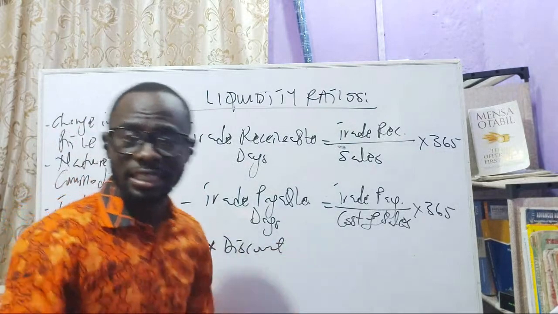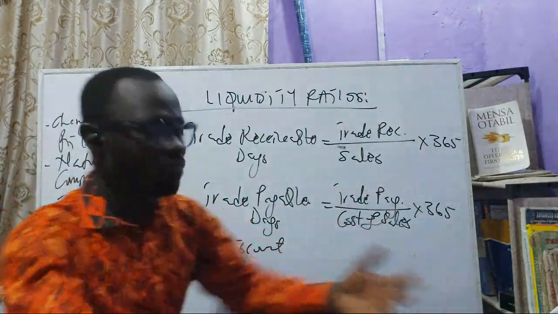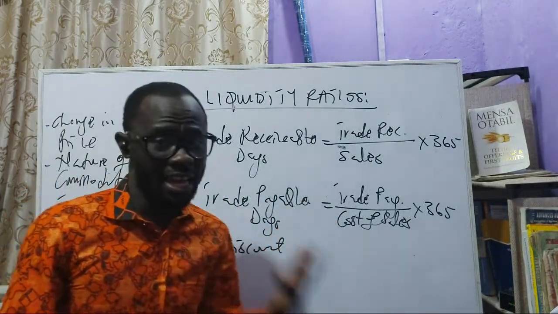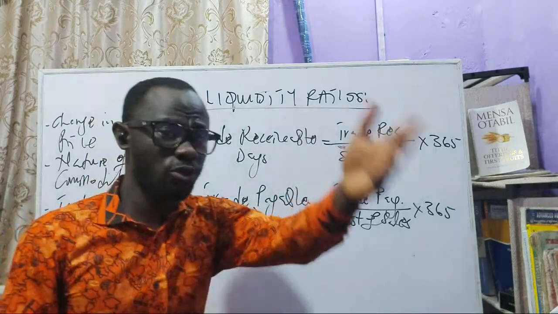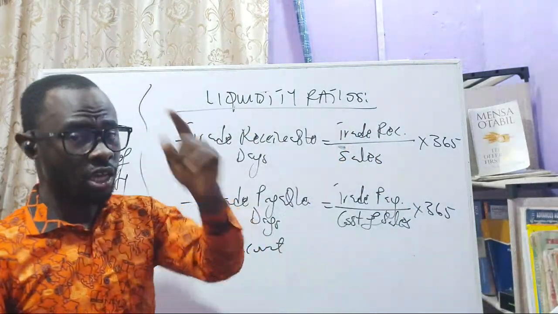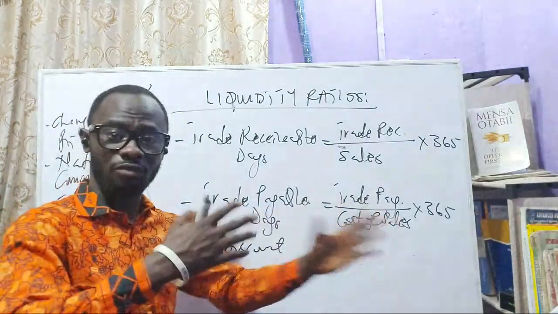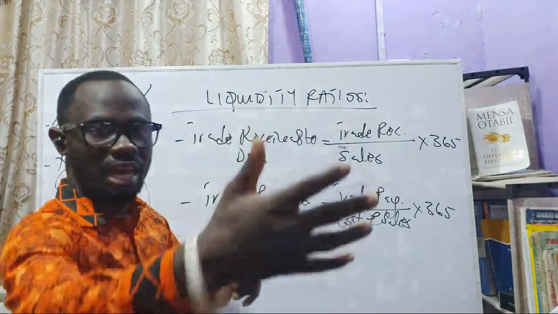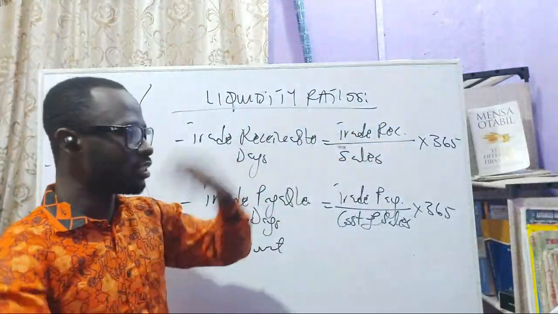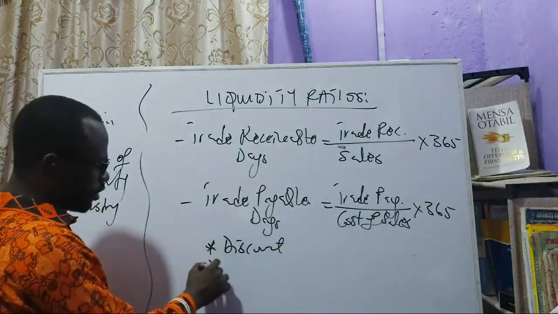So maybe there are early settlement discounts that we are supposed to have, but if we don't pay early, we won't get the benefit. For those of you who did or are going to do financial management, one of the things you'll be doing is managing trade payables, and you have to assess the discount and borrowing money, which one will be better, or the discount and delaying, which one will be better. So we're going to be looking at that, but we're going to be losing discounts.